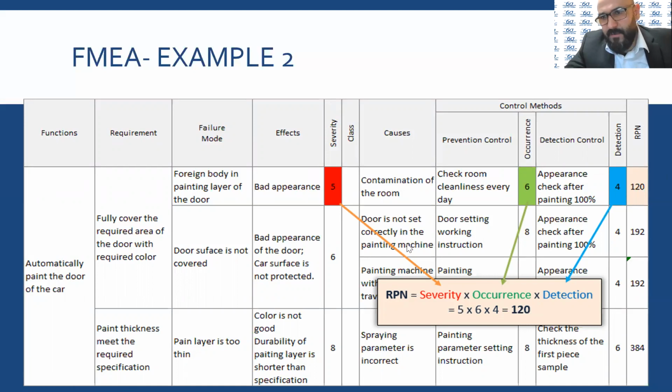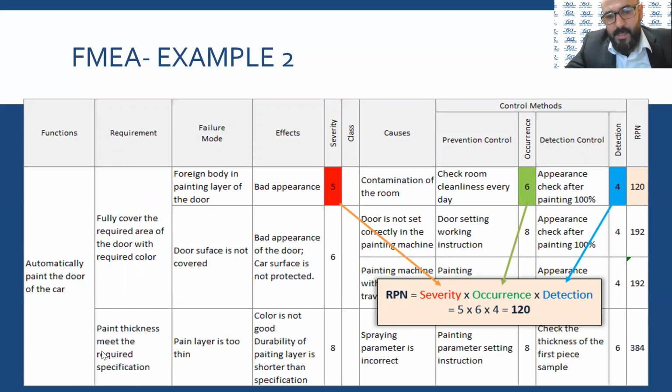As I mentioned, we have several factors here, 1, 2, 3, or 4. If you look into the RPN, you will know which one to focus on. You will see that the paint thickness meeting the requirement specification is where we have to take action first.